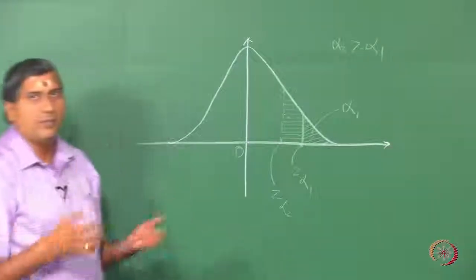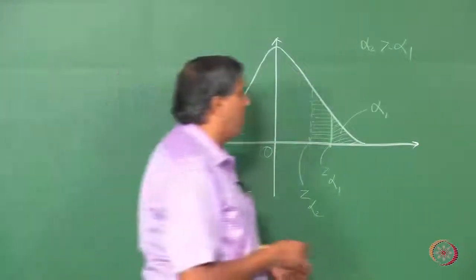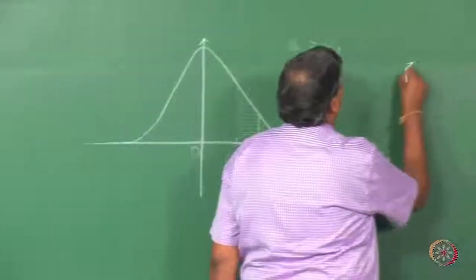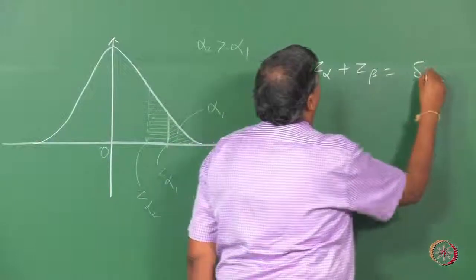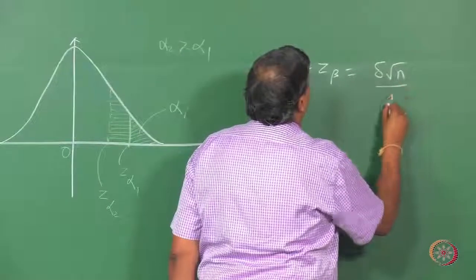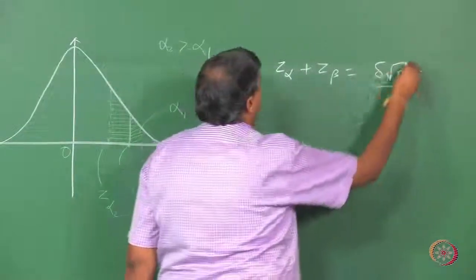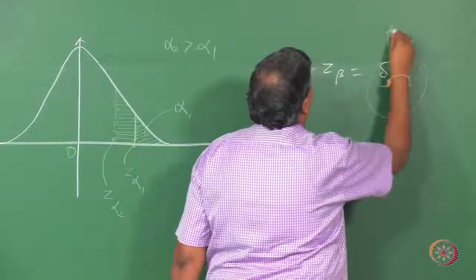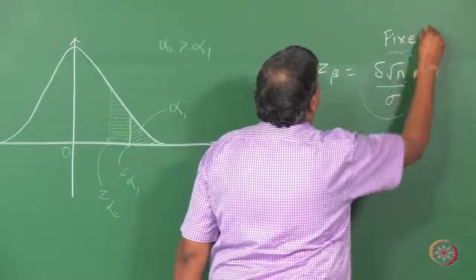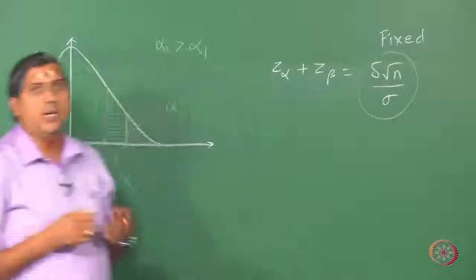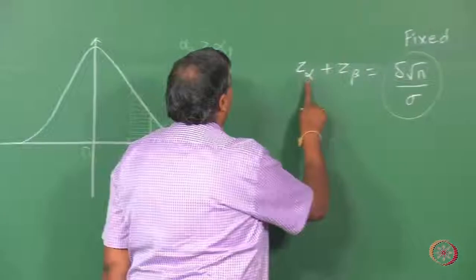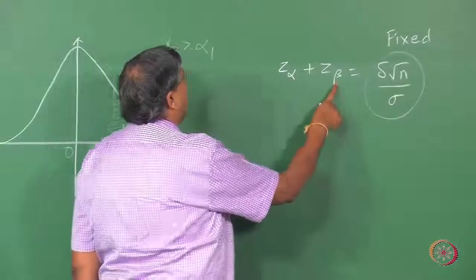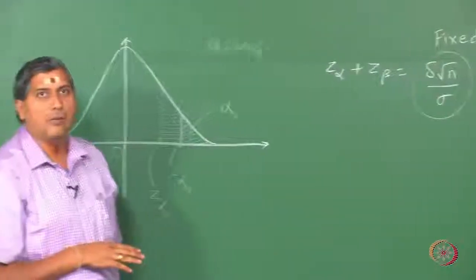Because Z is a standard Gaussian random variable, we have here the expression Z alpha plus Z beta is delta root n by sigma. So, this right hand side here is fixed for a specified value of delta and sigma and for a given sample size. What this means is, if Z alpha increases, Z beta has to come down.